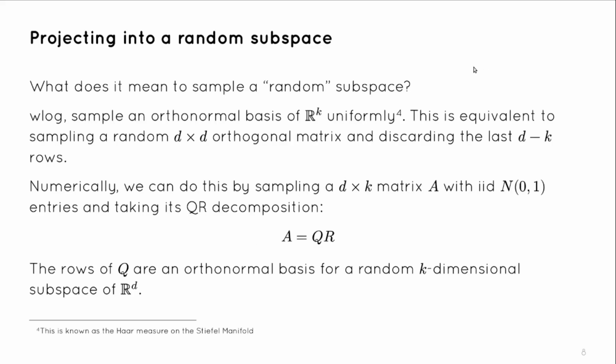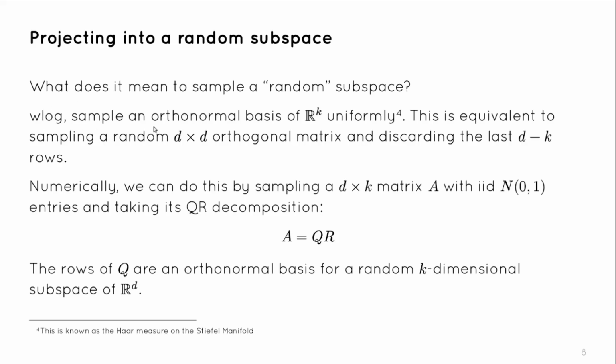So going back to what projecting into a random subspace means, roughly, a random subspace you could think of as taking a random basis, or a random set of linearly independent vectors.